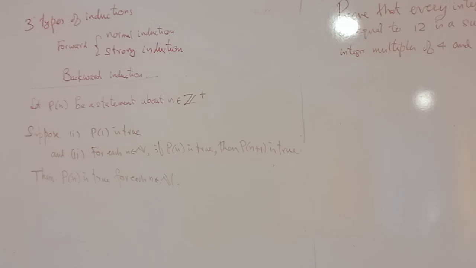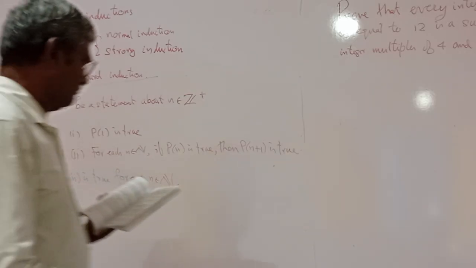For instance, 12: 3 times 4 plus 5 times 0. 13: 2 times 4 plus 5 times 1. Like that. If you take any number, you can do so. So I am going to write it then.